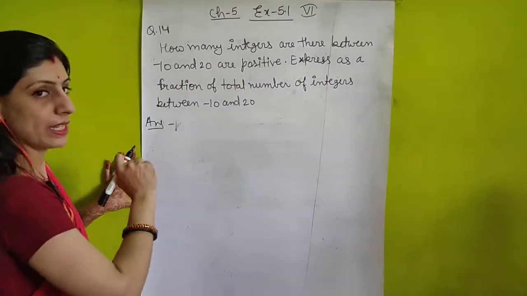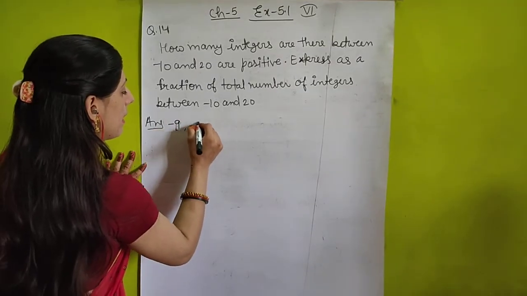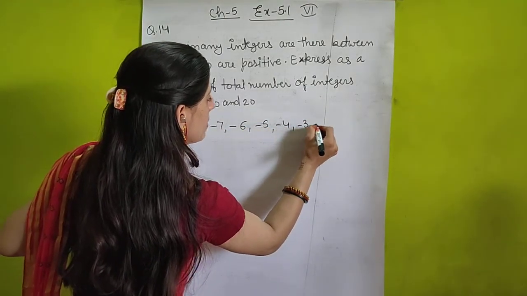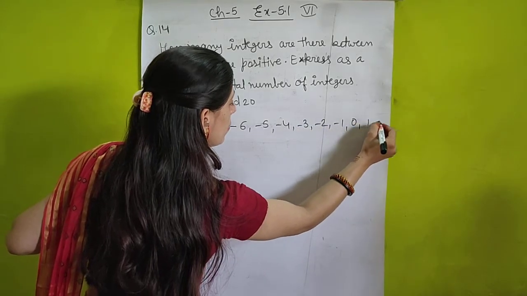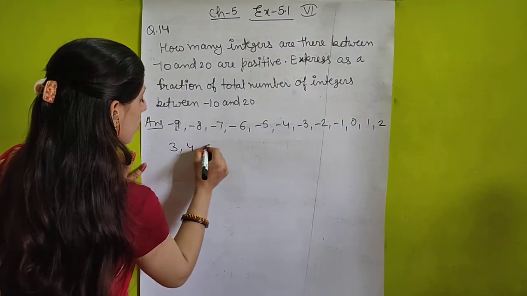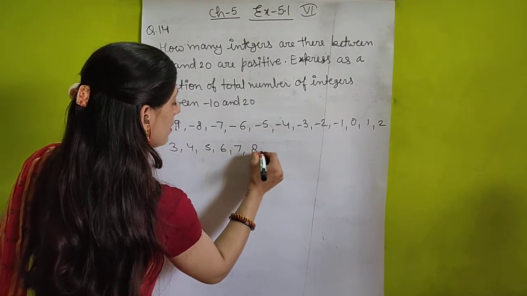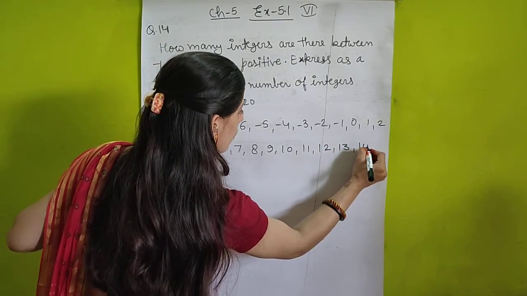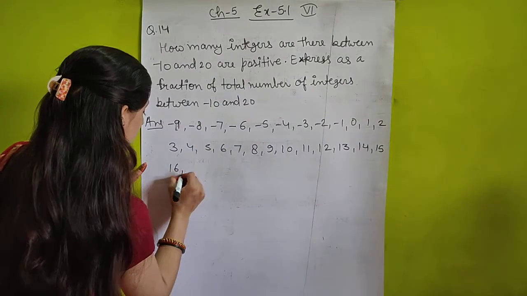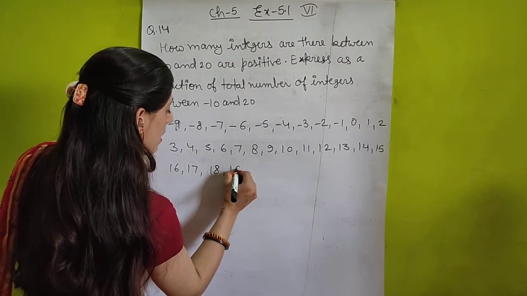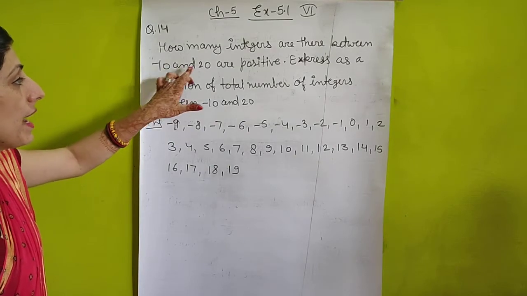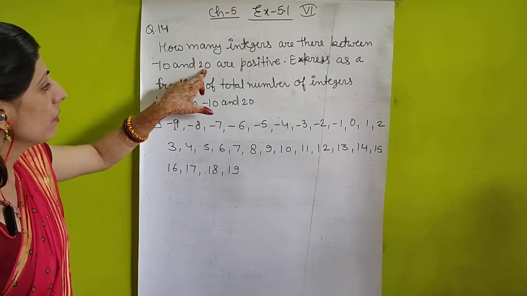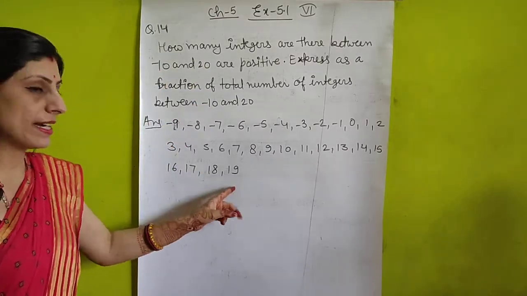So we will start from -9, -8, -7, -6, -5, -4, -3, -2, -1, 0, 1, 2, 3, 4, 5, 6, 7, 8, 9, 10, 11, 12, 13, 14, 15, 16, 17, 18, 19. Because we are to write all integers between -10 and 20, we will not include -10 and we will not include 20. So here I have written -9 to 19.